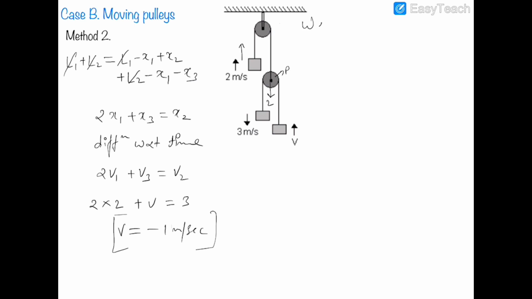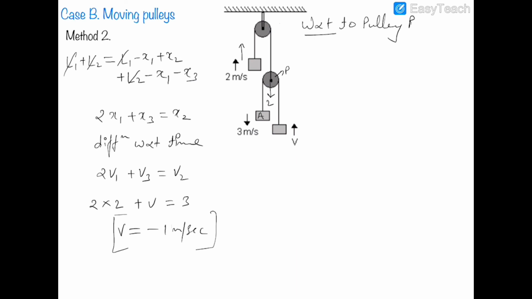So with respect to pulley P, this is with respect to sign. Okay, so don't be confused. With respect to pulley P, V relative, I'm writing the relative velocity of this block.